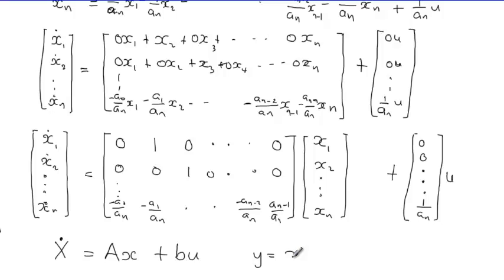And once we've represented this system this way, now remember at the beginning we said y was equal to x1, which you can also expand conveniently to say this is x1, 0, 0 up to n columns there.